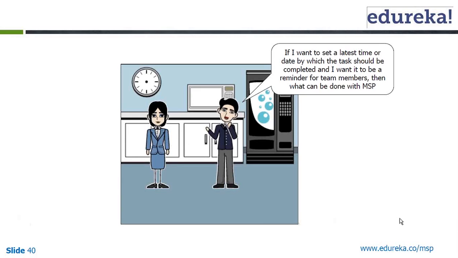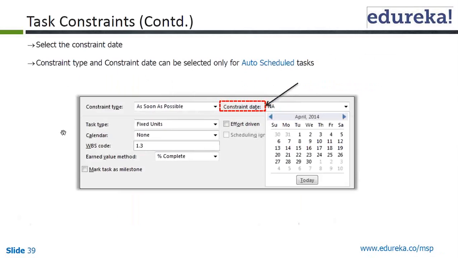There is a question from Ashutosh. He says, what could be the significance of constraint date? Sure, Ashutosh, let's take that. I think constraint date is something like, let's say there is a dependency which is visible to you, but is not visible to, let's say, a team member.